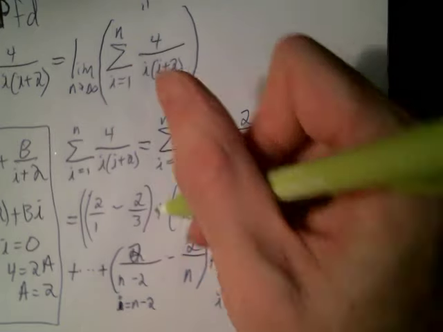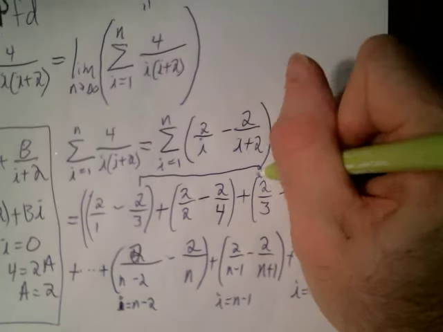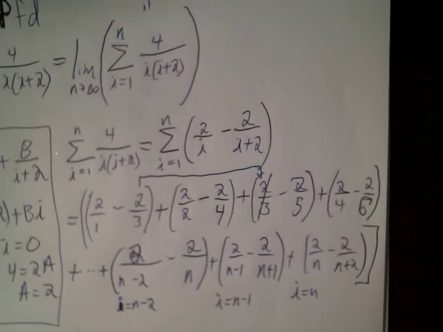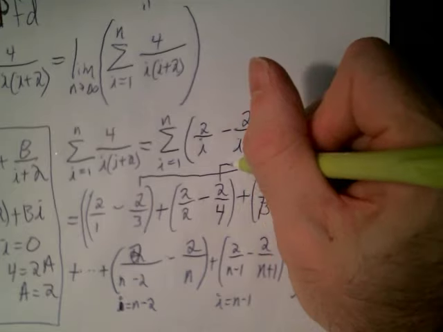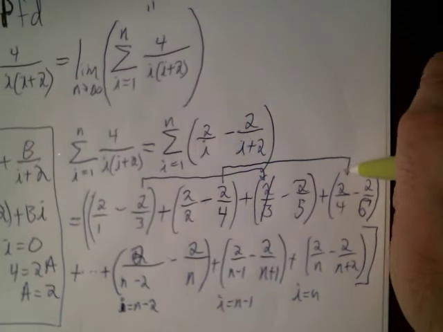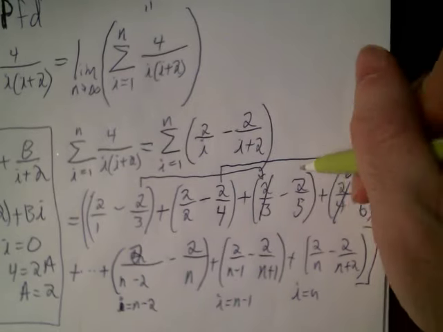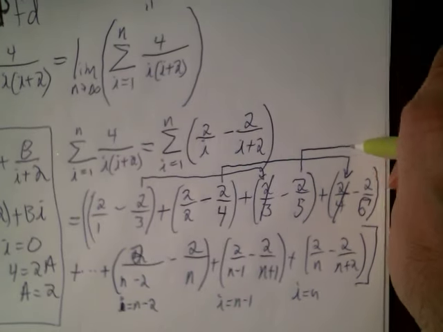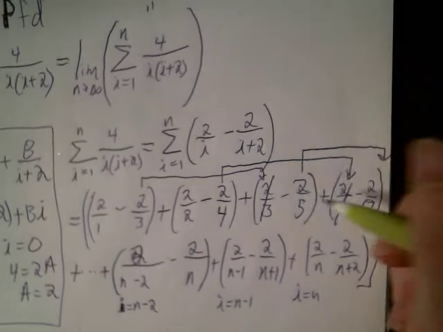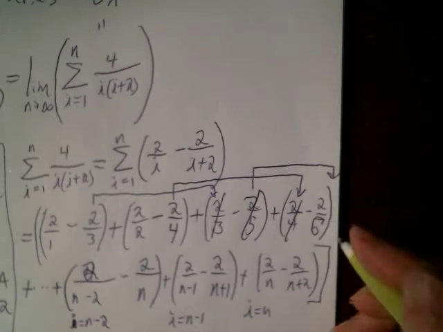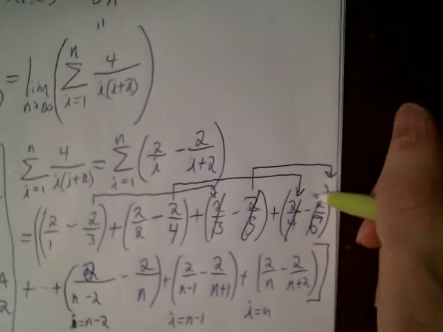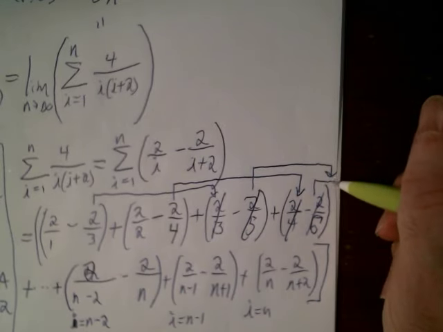So 2/3, this guy is going to cancel with this guy. This 2/4 will cancel with this guy. This second term is going to cancel with the first term in the next element. This second term will cancel with the first term in the element after that.